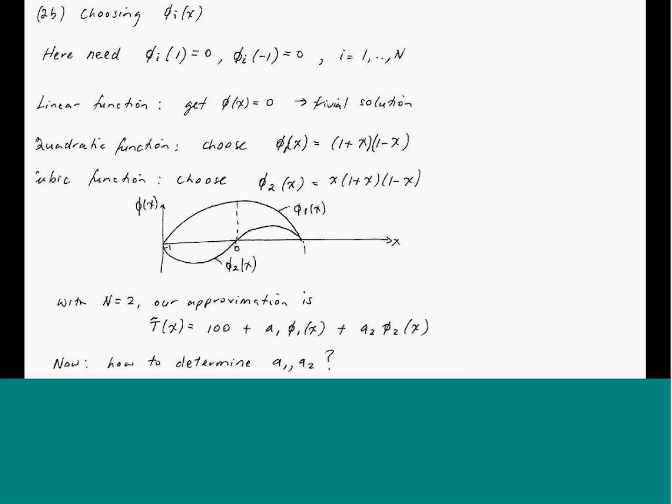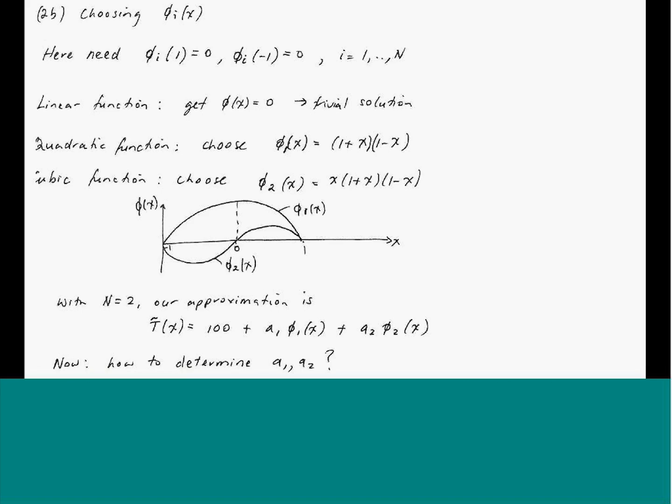So we'll choose a quadratic function, and again, there is a variety of things we could do, but here's one. Here's a quadratic function. Well, it could be scaled. 1 plus x, 1 minus x. That's a quadratic. So phi1, the first basis function in our expansion, the function of x, I've written as 1 plus x, 1 minus x. That clearly satisfies the 0 boundary conditions at either end.